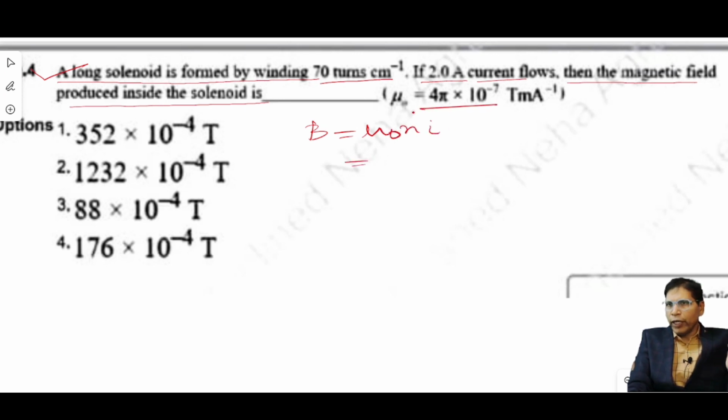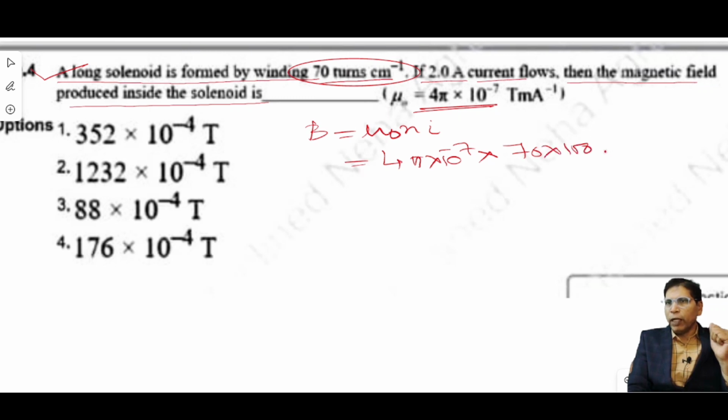Mu naught is 4 pi into 10 to the power minus 7. Okay. Now what is N? N is 70 turns per centimeter, it should be converted into turns per meter. So this is 70 into 100 turns per meter, and i is 2 ampere.